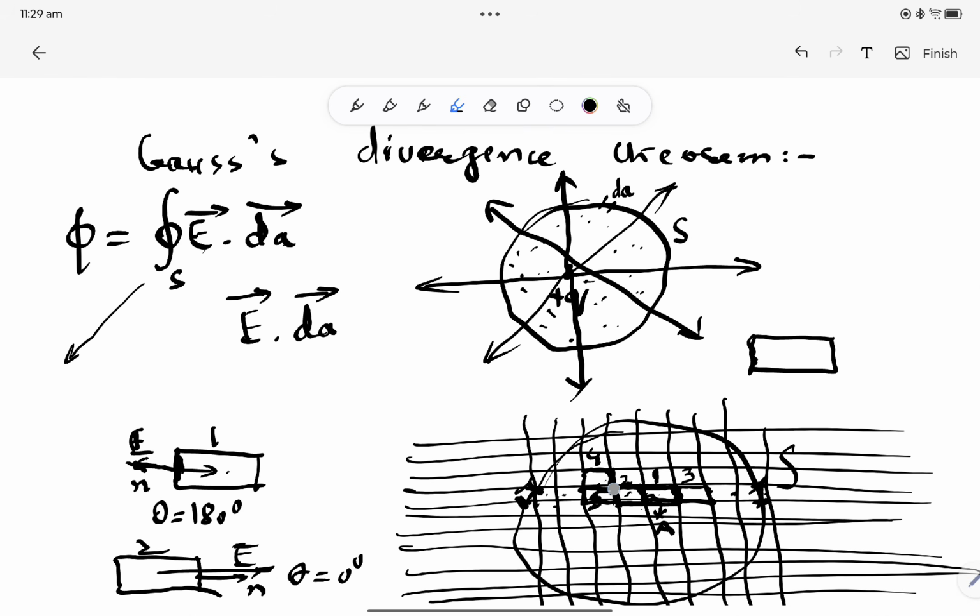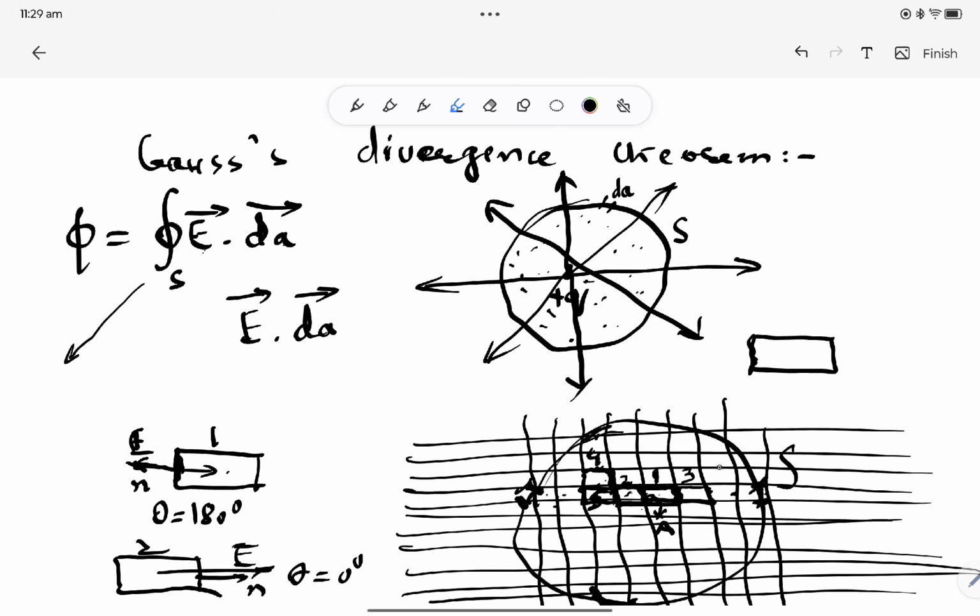So this will cancel out. Similarly, this will cancel out, leaving us with this. Similarly, this will cancel out, leaving us with this. I think it is now quite easy for you to understand.